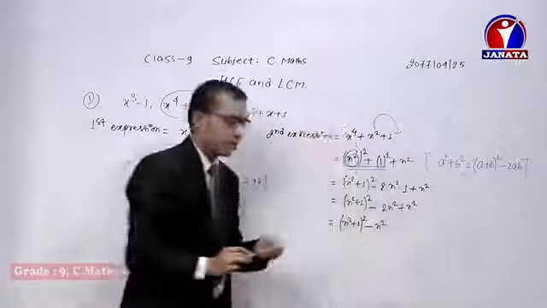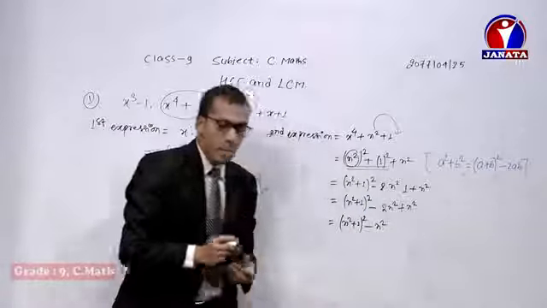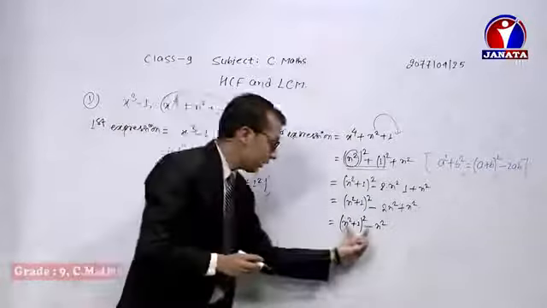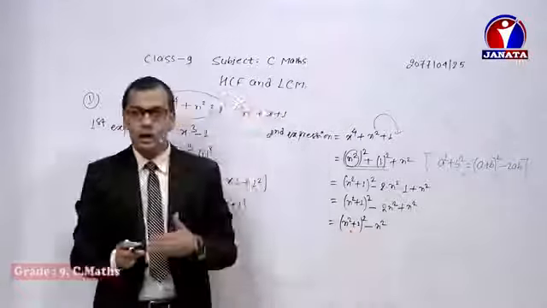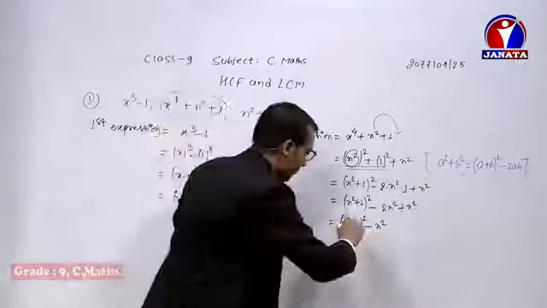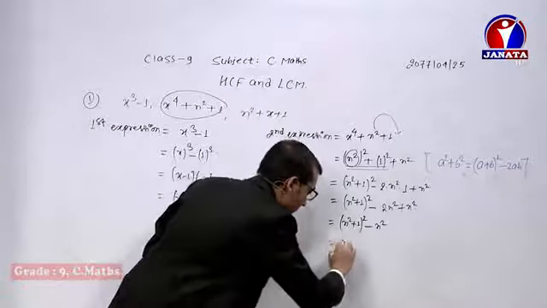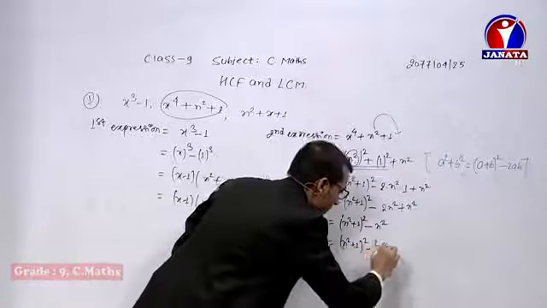It's x². We can again change this into a² minus b² form for its further factorization. For this, let me write this expression minus x whole square.